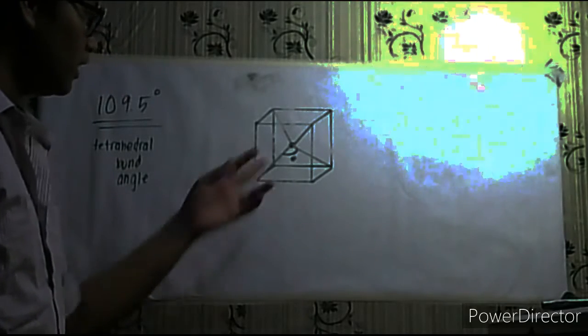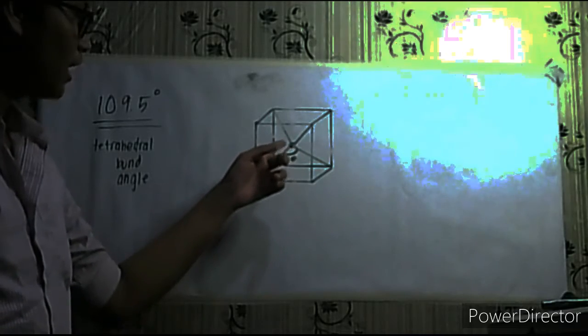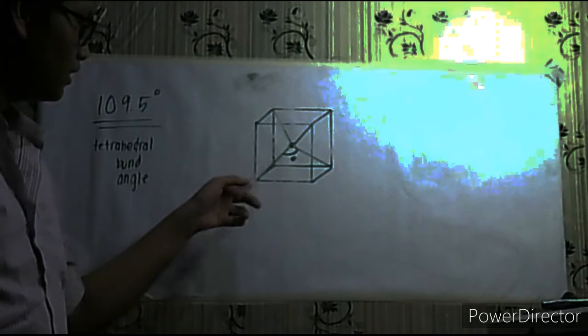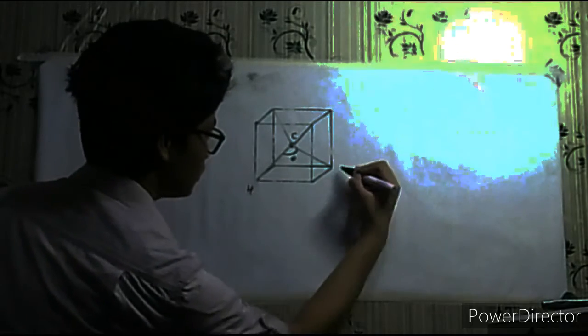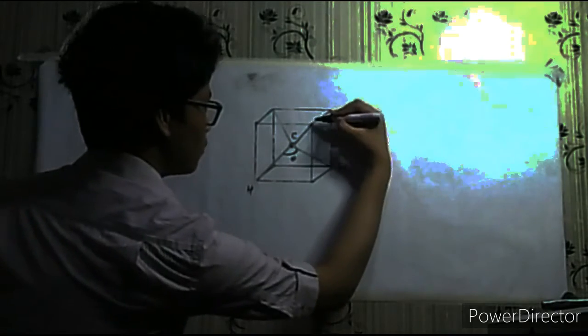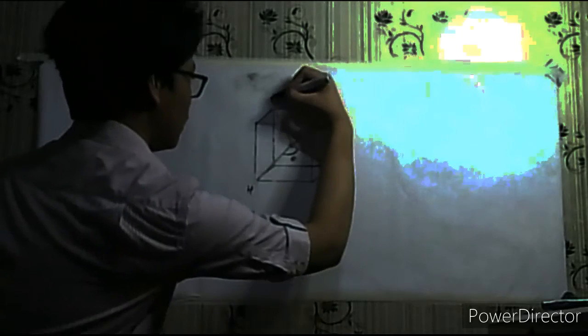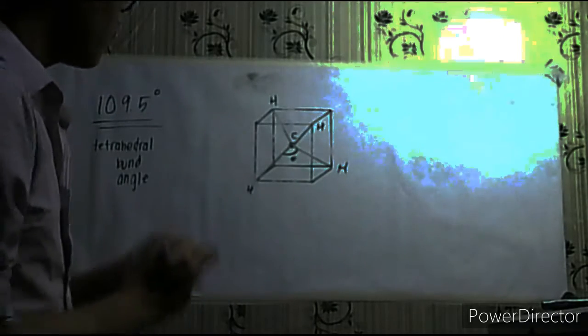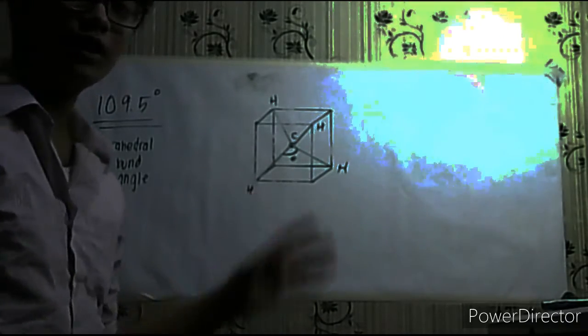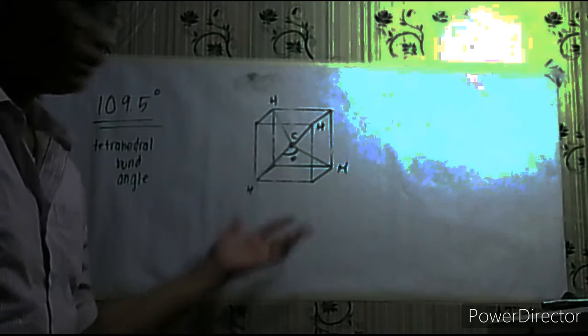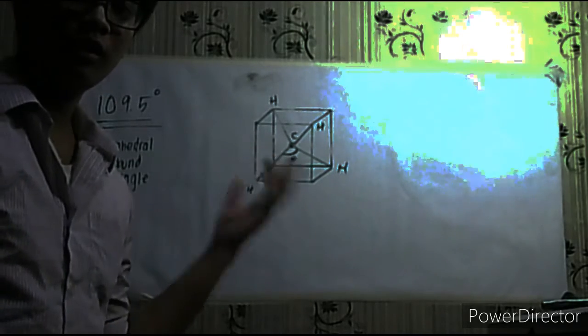So let's just say we have methane. So this is the central atom C, and then these are H, H, H, and H. So now, we're going to visualize methane inside a cube, okay?